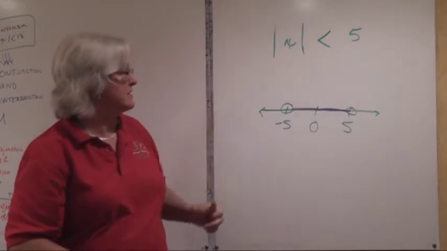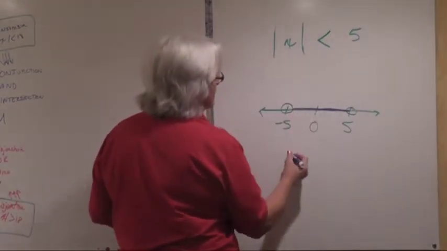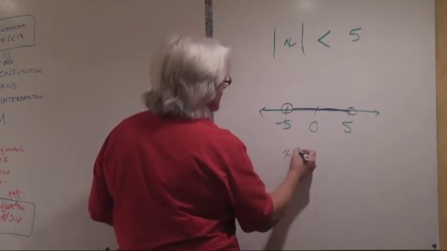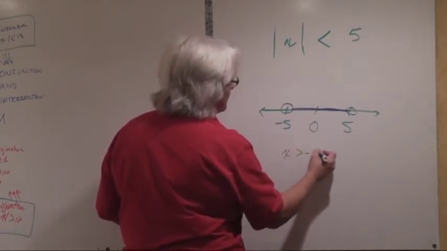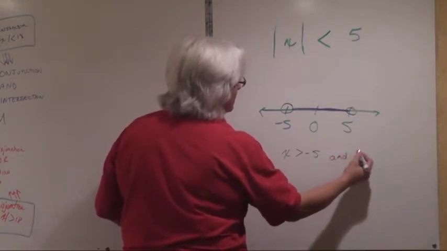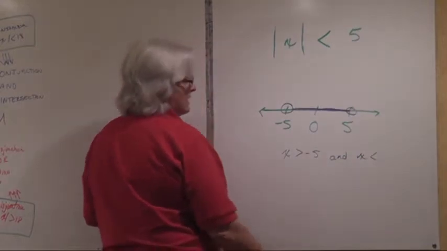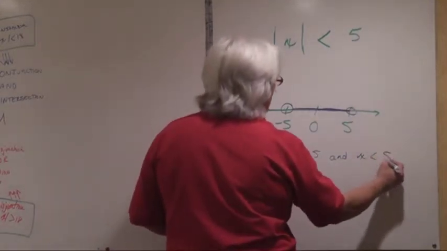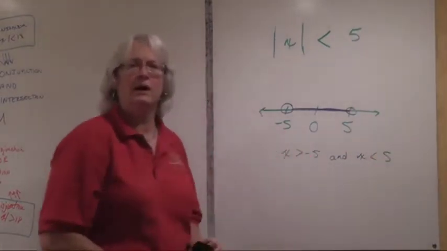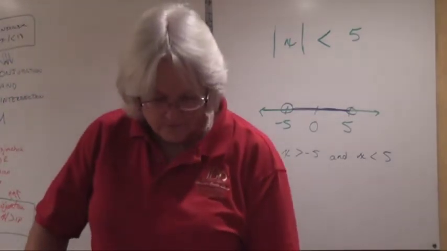This tells us that x has to be greater than -5, and x has to be less than 5.